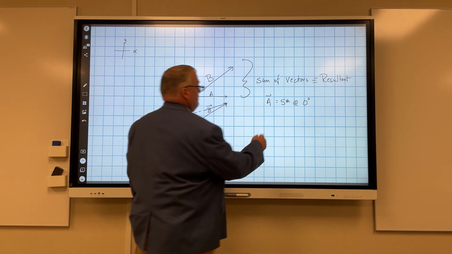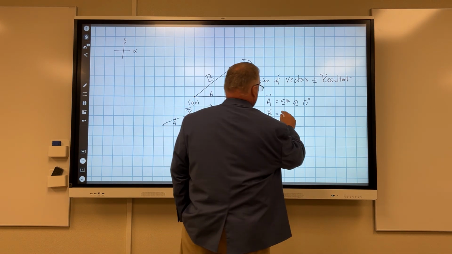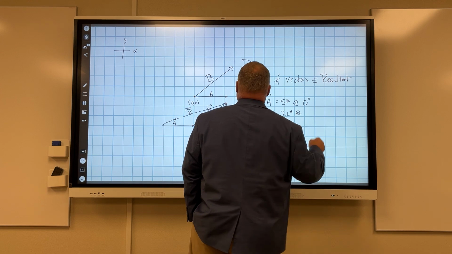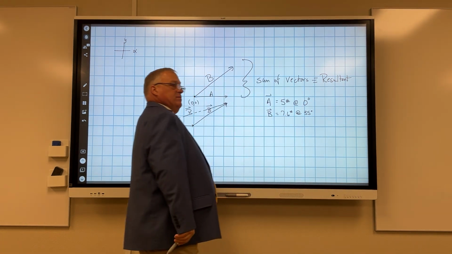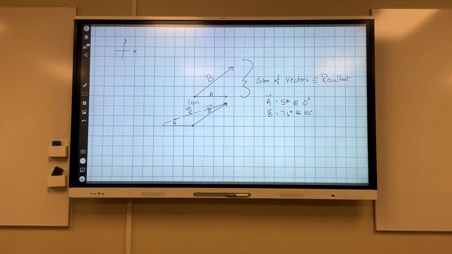Let's look at vector B. Vector B is 7.6 pounds at 35 degrees from the x-axis. Can we just add those two numbers together and say that we have 12.6 pounds somewhere between 0 and 35 degrees?